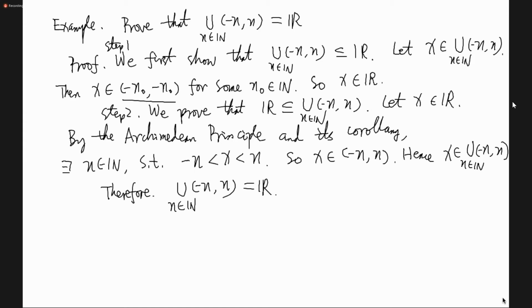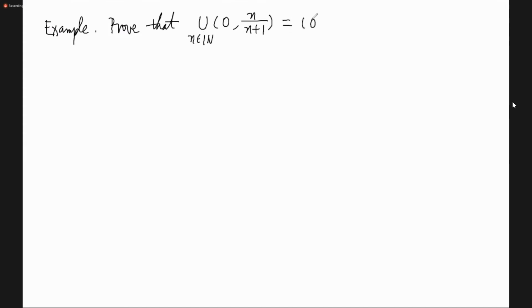Now let's look at the next one. Prove that the union of the open interval 0 to n over n plus 1 with n in N is equal to the open unit interval 0, 1.